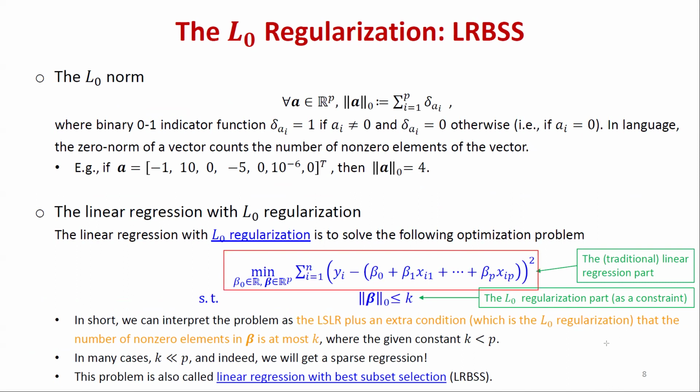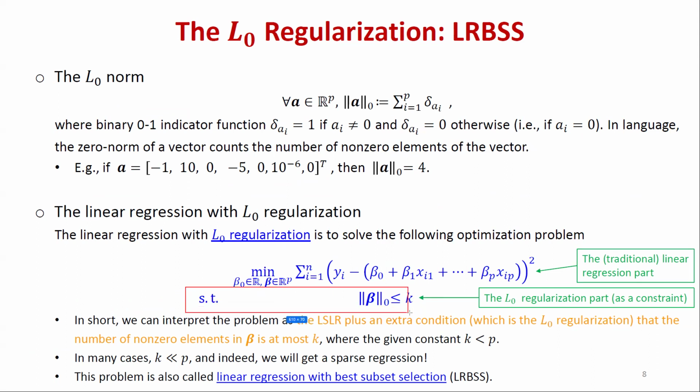This is nothing but the traditional linear regression, right? The difference is here. This means subject to. That means I want to find a solution of beta not only to make this thing minimized, but also the beta must satisfy this condition, using the definition of the zero norm.